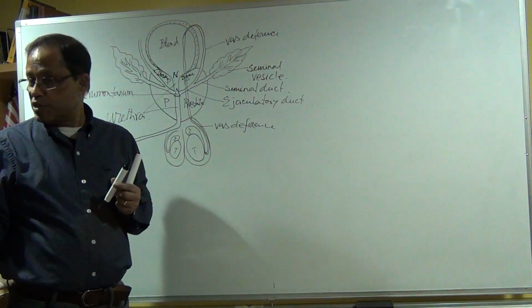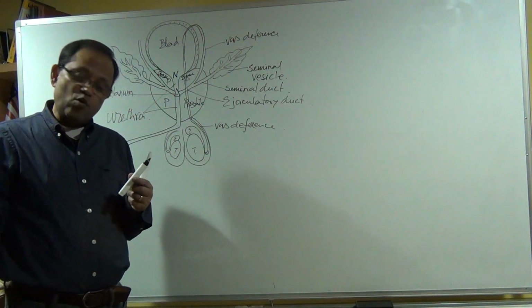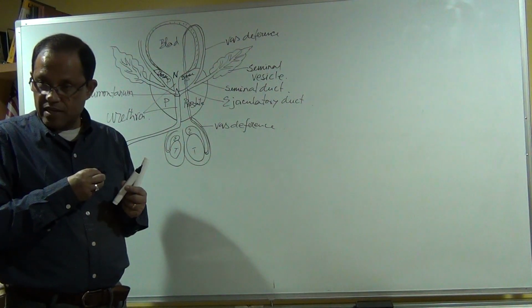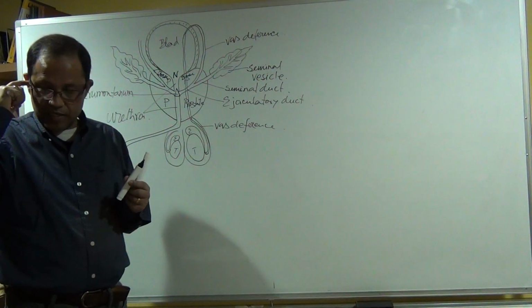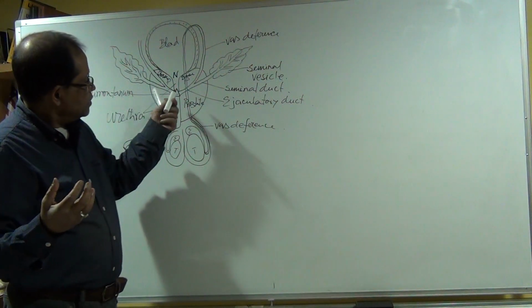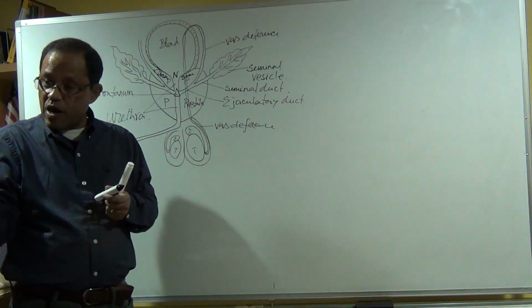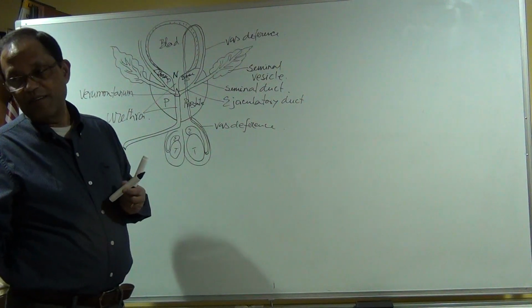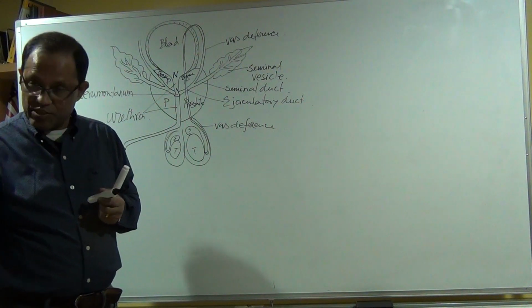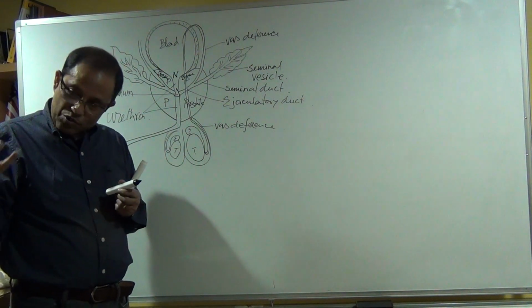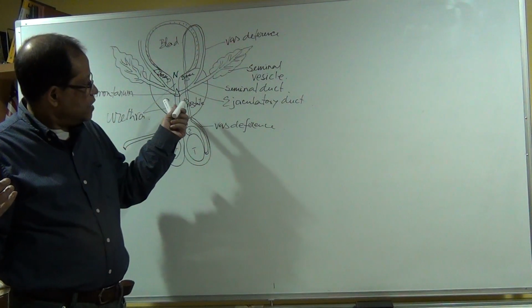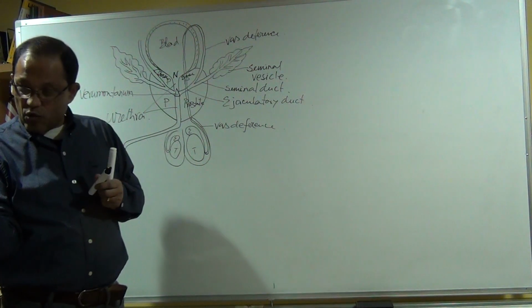The gland produces the prostatic juice that directly opens into the urethra by its microscopic ducts, and that glandular part also causes malignancy, prostatic carcinoma, and the muscular part in the prostate gland causes spasm.